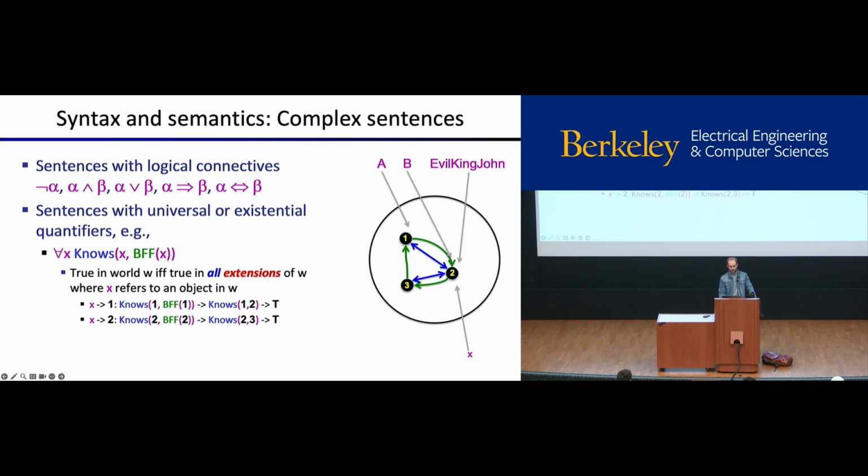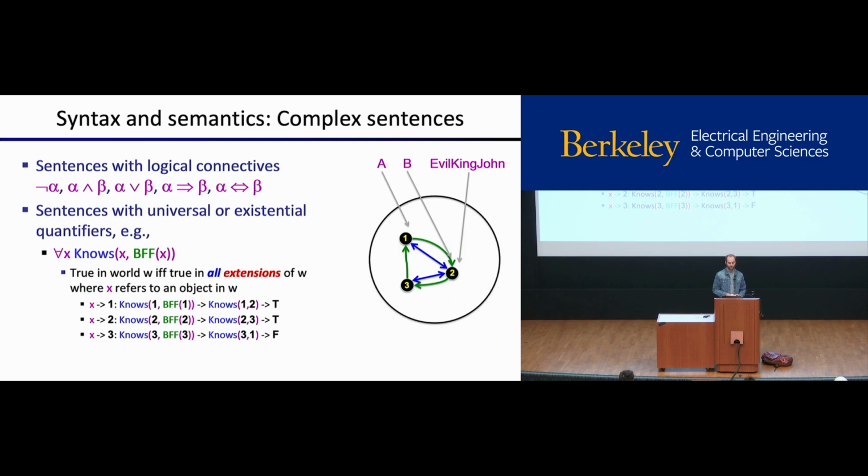Also ends up true because, well, you can see there's the BFF, they know each other. And third possible world, x refers to object 3. 3's BFF is 1, but they don't even know each other. So it's false. This for all is asking for them all to be true. They're not all true, so the sentence as a whole is false.